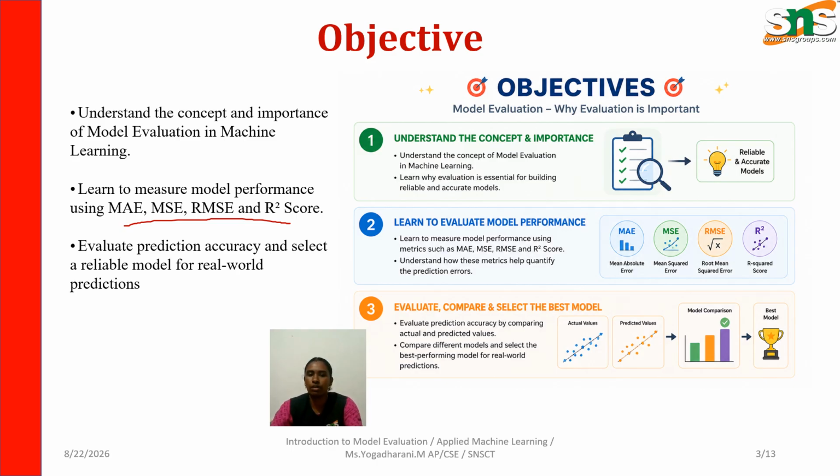We will also learn some important evaluation metrics like mean absolute error, mean squared error, root mean squared error, and R squared score. Finally, we should be able to identify which model is more reliable for making predictions on real world data.